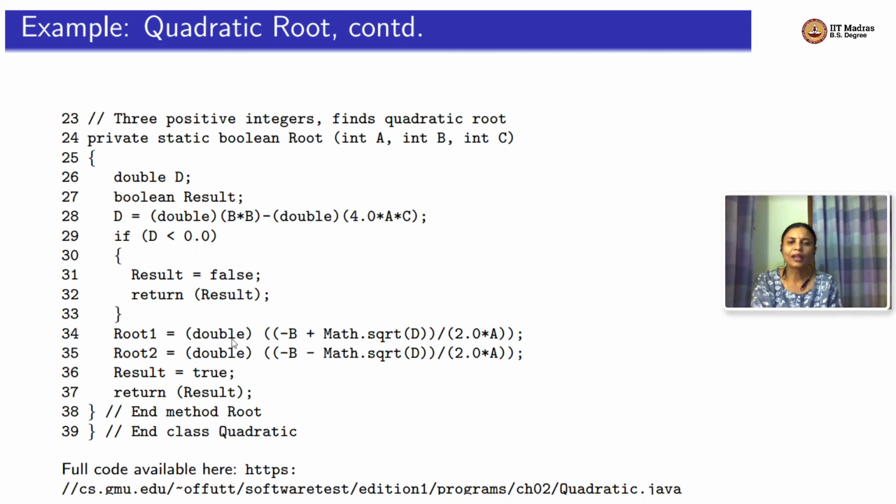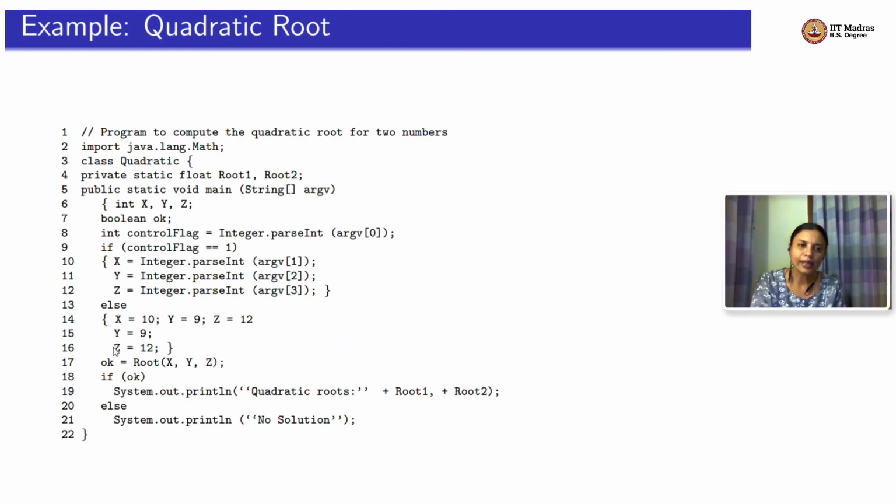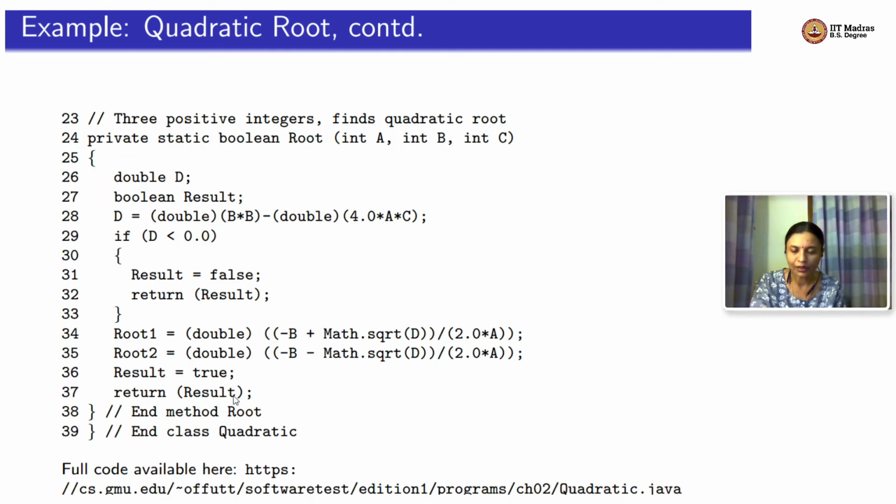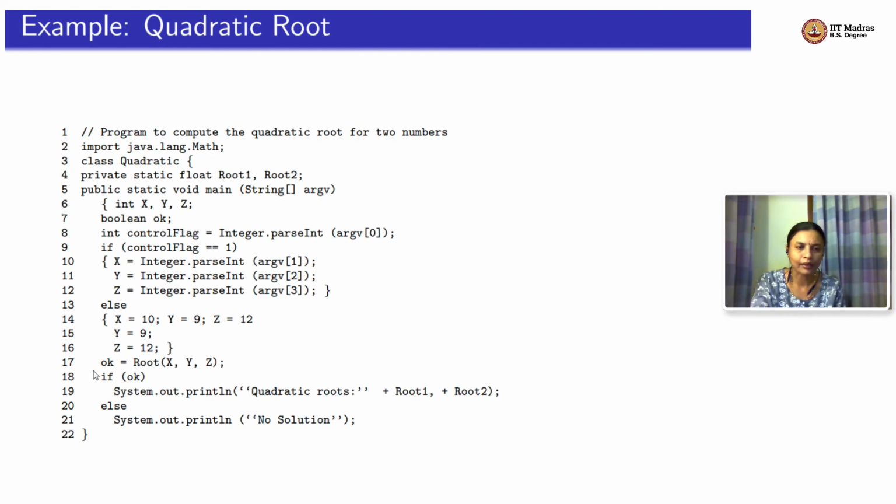Otherwise, it uses the formula minus b plus or minus the square root of b squared minus 4ac, divided by 2a. That's lines 34 and 35. One is assigned to the return value root 1, the other is assigned to root 2, and the flag result is set to true, and the result is returned. Result is taken as OK back. So the return variable result, a coupling variable, is coupled with OK in line number 17.